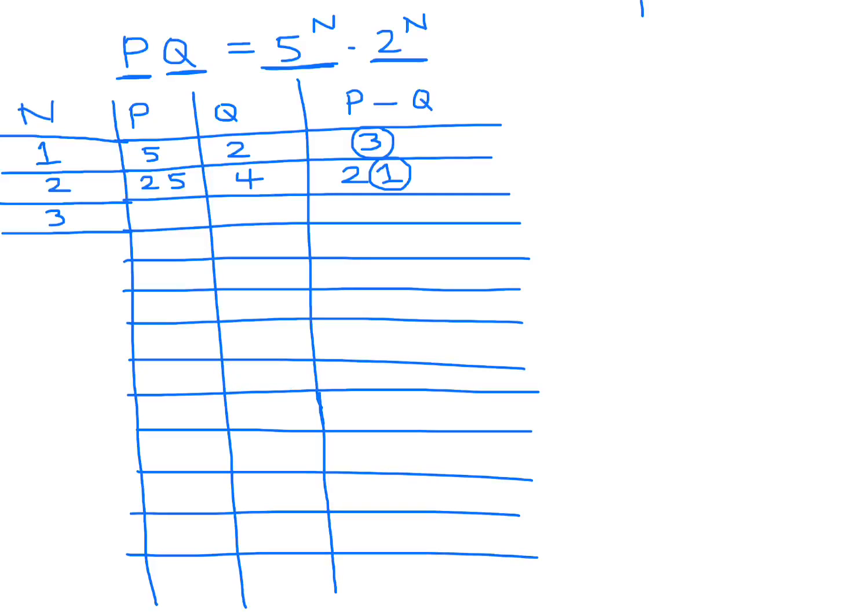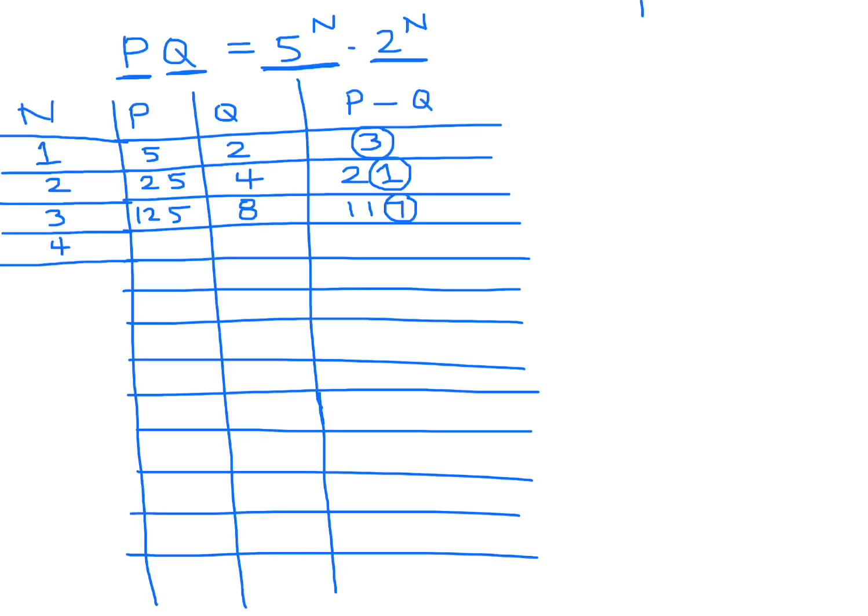Let's keep going here. When n is 3, P is 5 to the power of 3, which is 125, and Q is going to be 2 to the power of 3, which is 8. And therefore P minus Q is 125 minus 8, which is 117. 7 is the last digit.